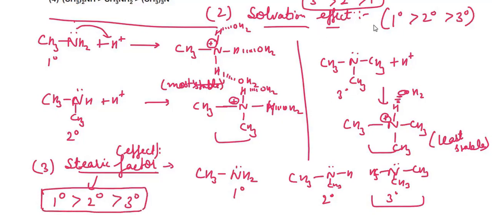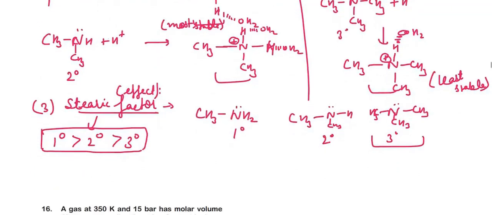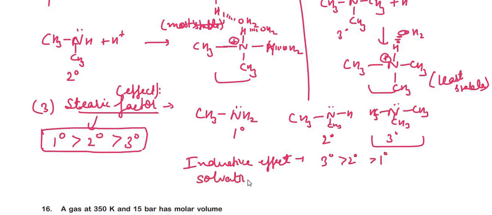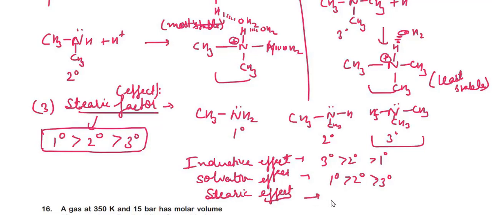So when we combine these three factors, inductive, solvation and steric, the order obtained is as follows. According to inductive, the order comes out to be tertiary more basic than secondary more basic than primary. According to solvation, the order should be primary, secondary and tertiary. And according to steric hindrance, the order is primary, secondary, tertiary.